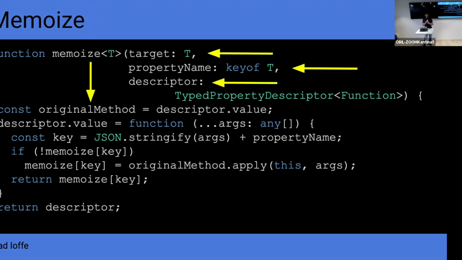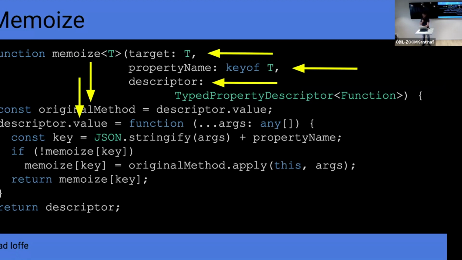On the next line, we are taking the value from the descriptor. The value is the method itself, the original method, and we put it in a variable called originalMethod. And on the next line, we are overriding the value. We're overriding the method. This way we can intercept the original behavior and put our own.